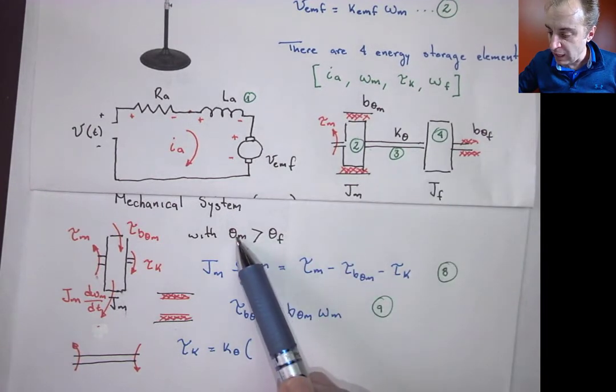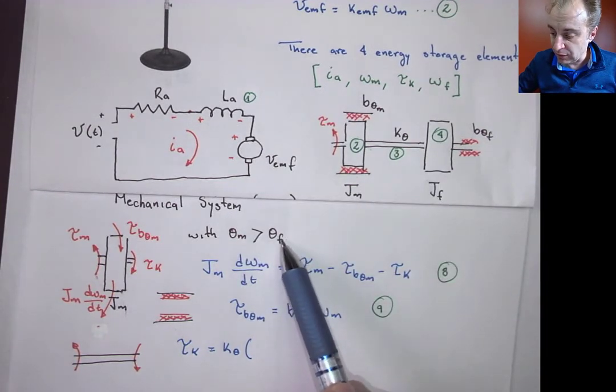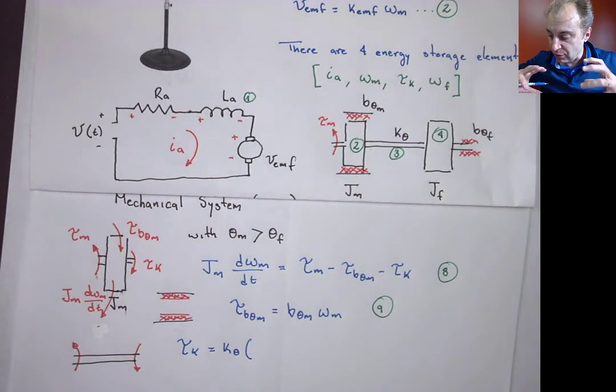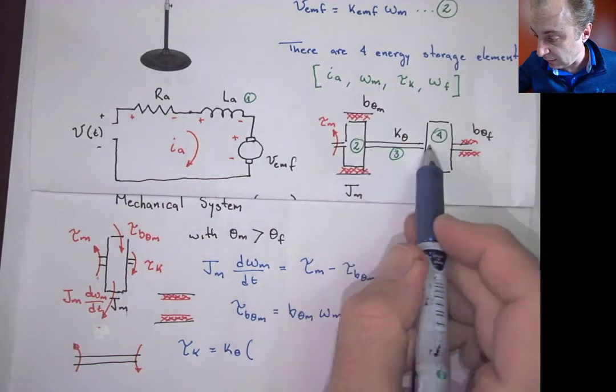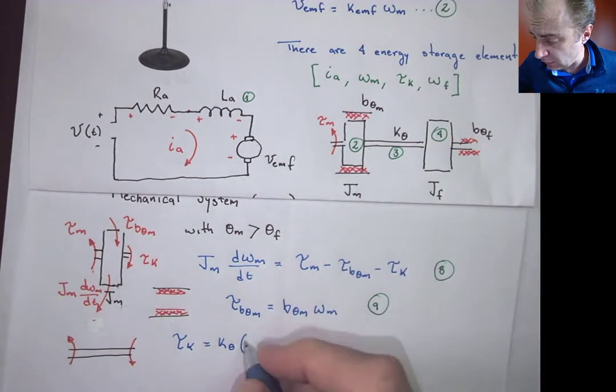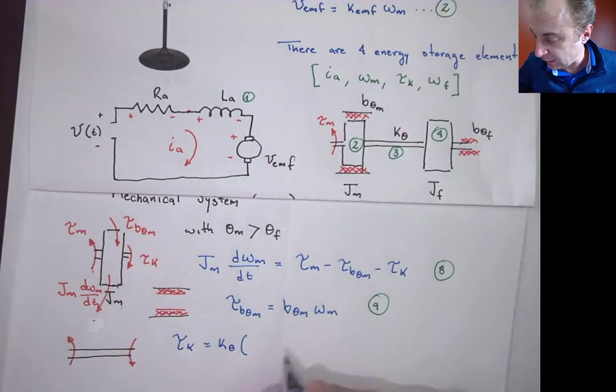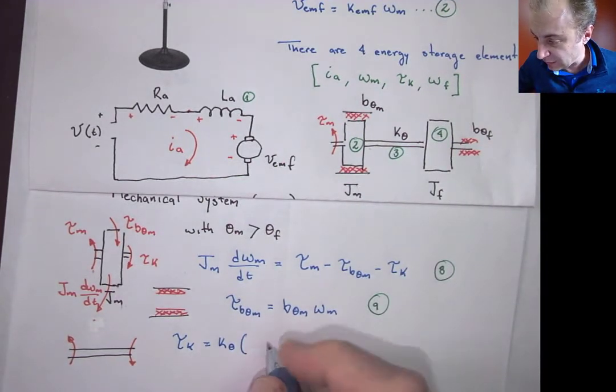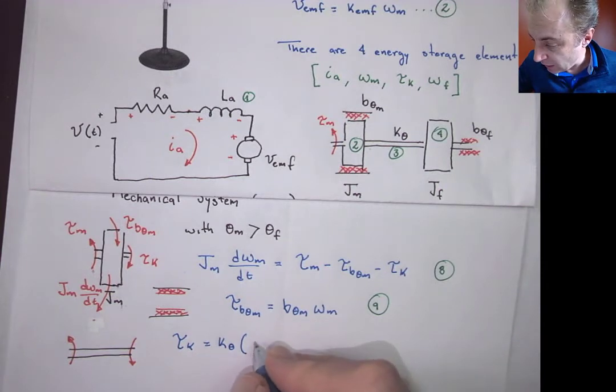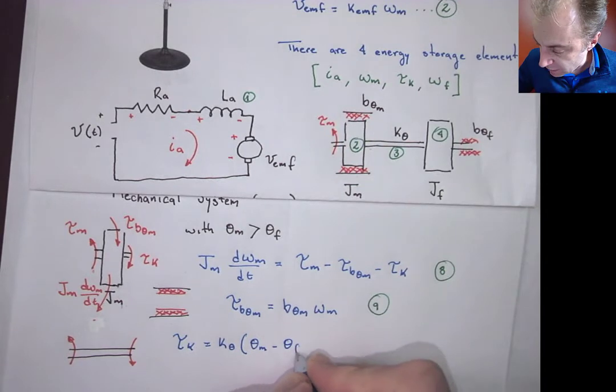And we know that theta m is going to be greater than theta f. So the total torsion along the torsional or flexible shaft is theta m minus theta f.